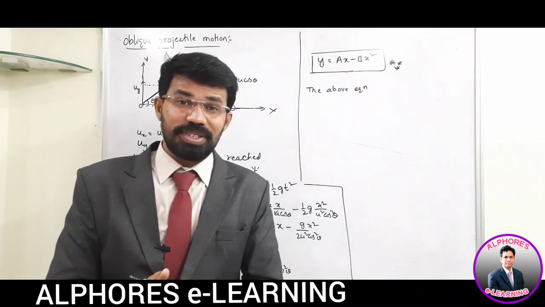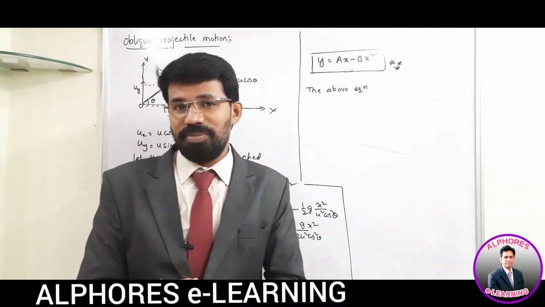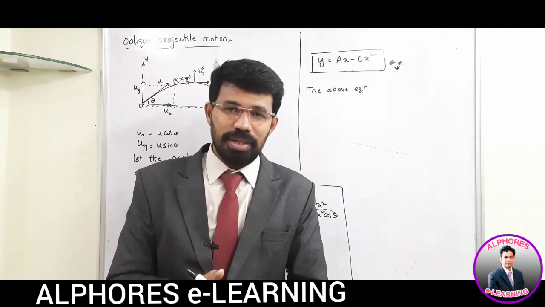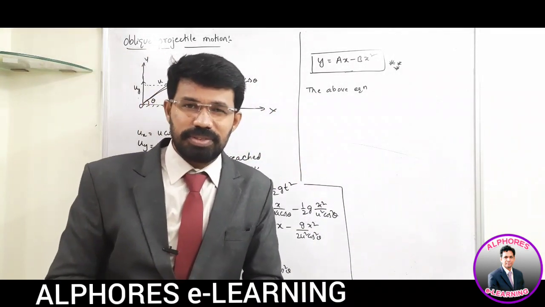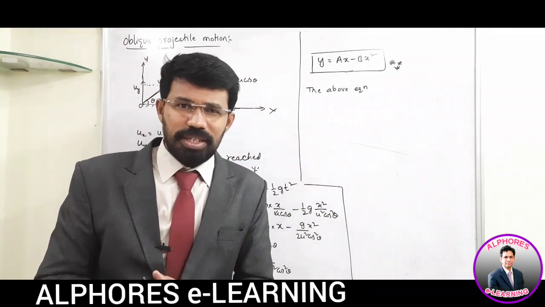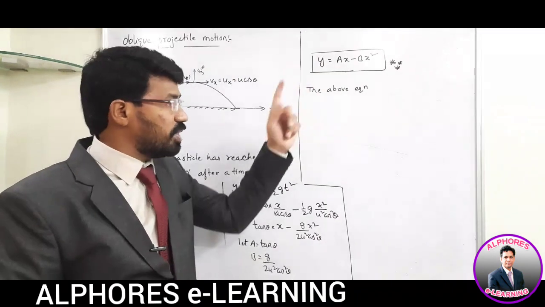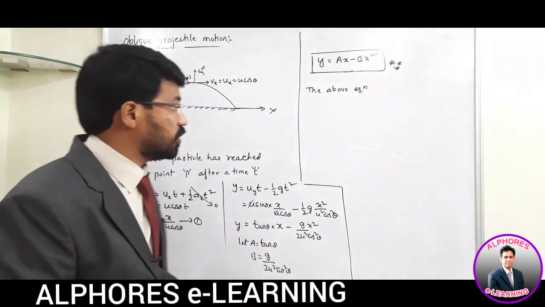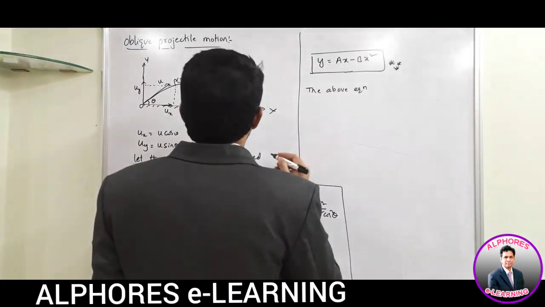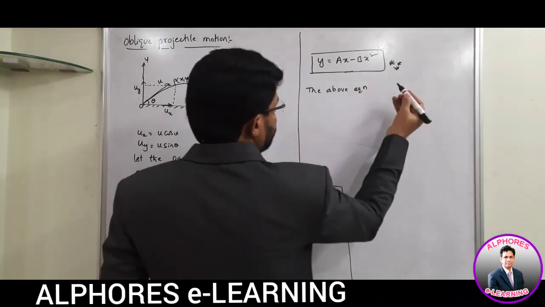All of you are familiar with the equation of a straight line, y is equal to mx plus c. It was taught to you at school level. But parabola related equations are not familiar. Just understand this point: whatever format we see here resembles the equation of a parabola. So this confirms that the path followed by the oblique projectile is a parabolic path.